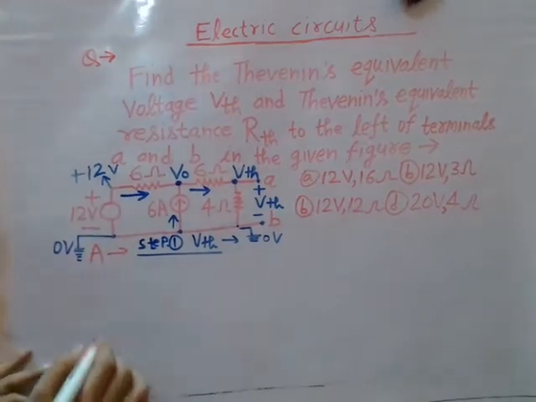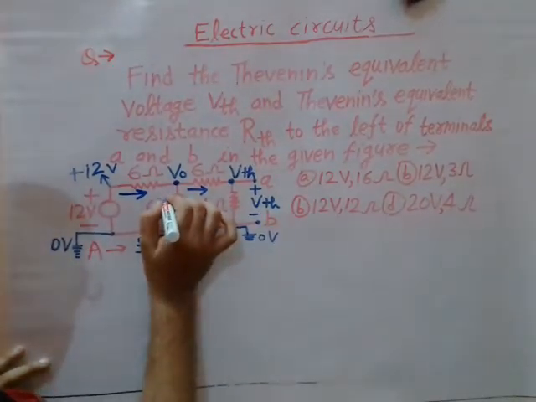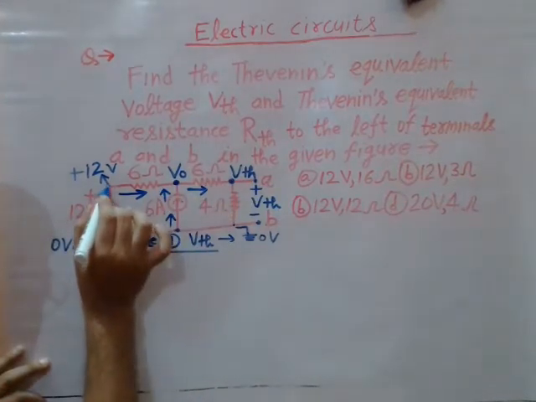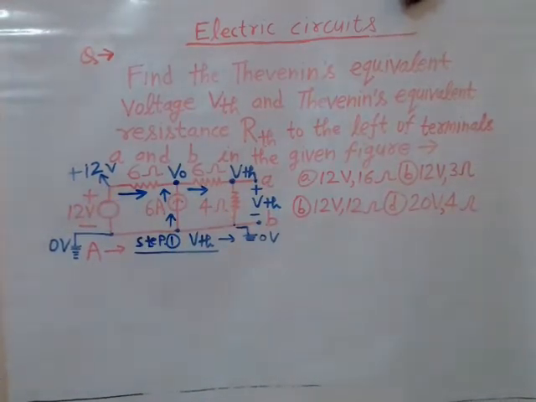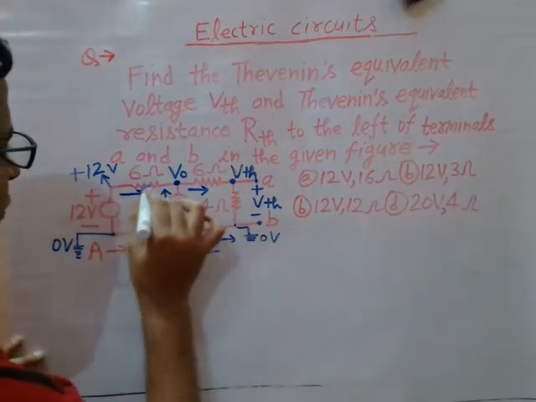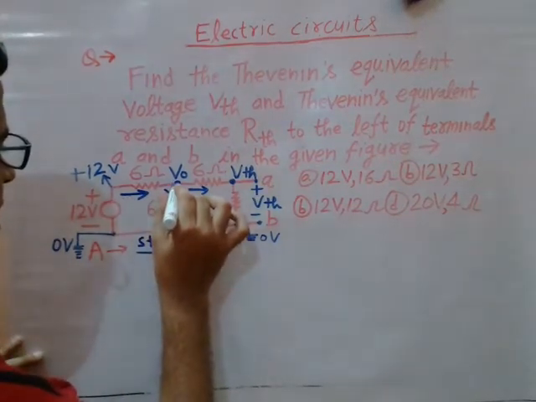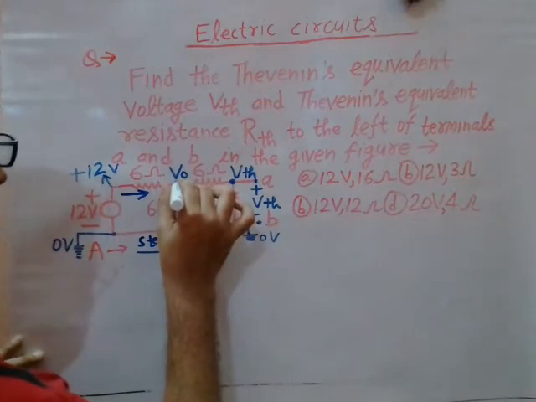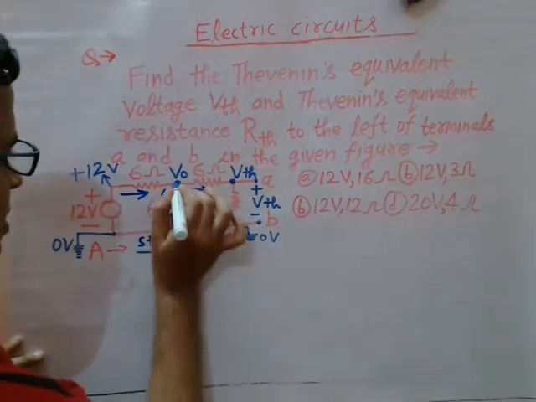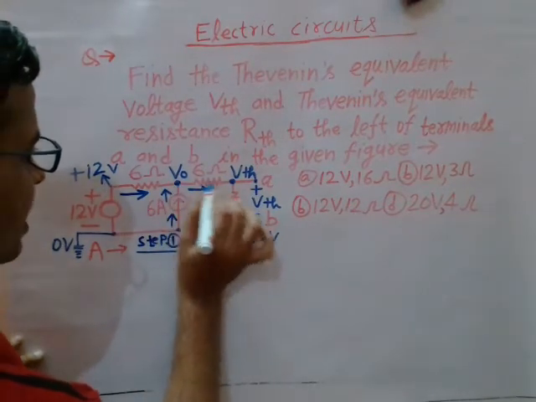So now I am going to apply Kirchhoff's current law at this node. Kirchhoff's current law says that the algebraic sum of all the incoming currents at a particular node is equal to the algebraic sum of all the currents leaving the same node.